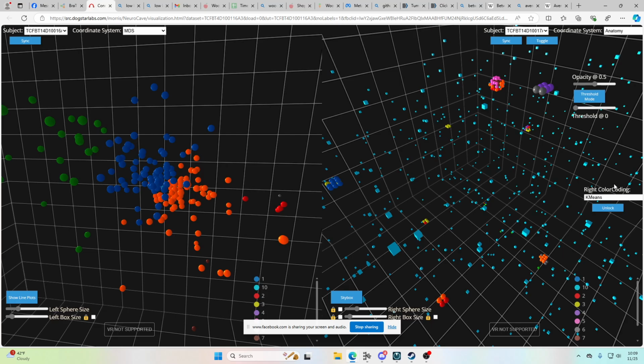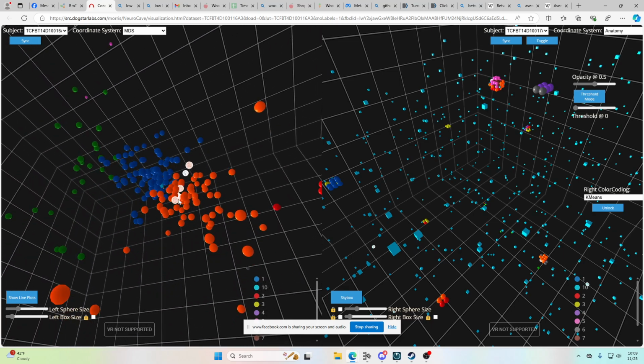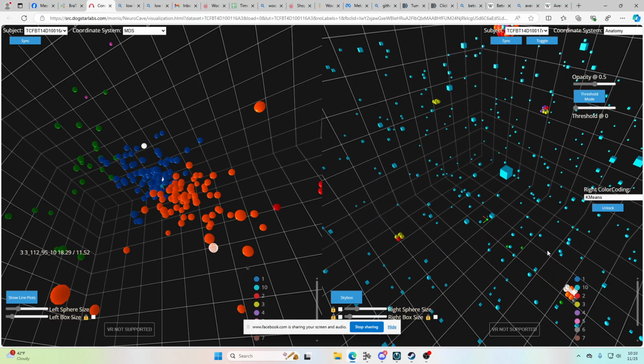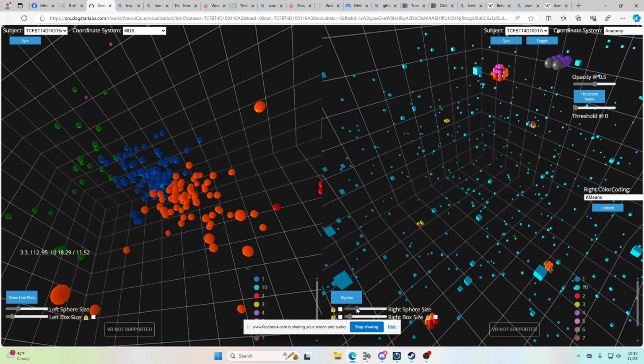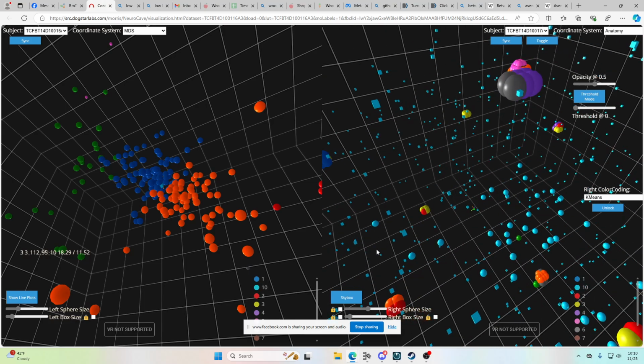They're colored using the same color code, and you can explore it in NeuroCave by mousing over different regions in your cluster, and it highlights the corresponding tumor regions in the anatomical data set over here.